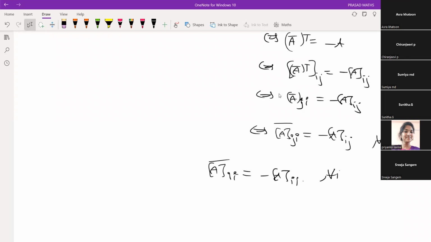That means z bar is equal to minus z. What does this mean? Z bar is equal to minus z. It means the diagonal entry can be purely imaginary. Yes or no? It can be purely imaginary. It can be 0 also, including 0. We can write 0 bar is equal to minus 0. If we do not include 0, we would have to treat 0 separately. So purely imaginary or 0, either can be there. Is this clear?